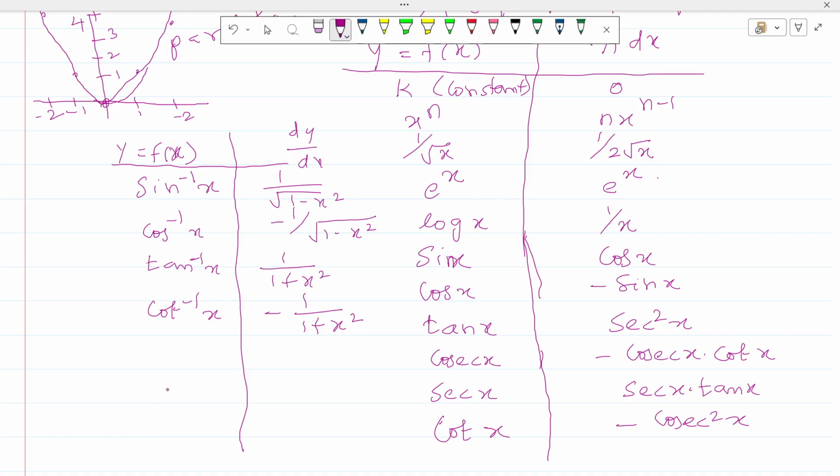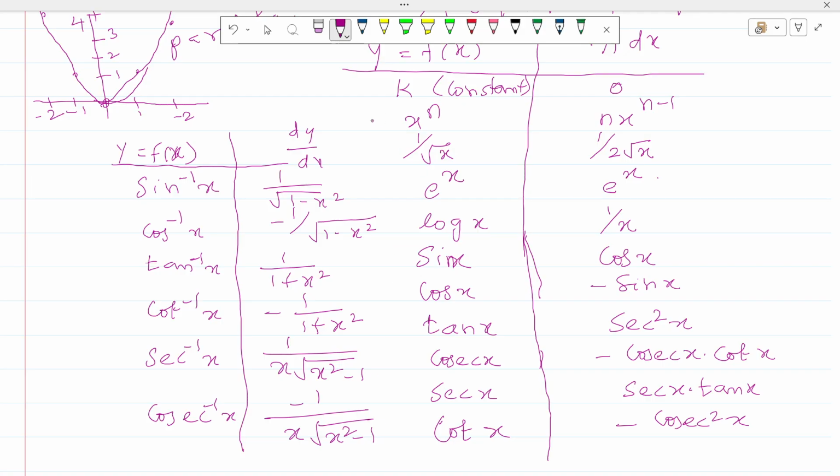then secant inverse of x gives 1 by x into root of x square minus 1, cosecant inverse of x gives minus 1 by x into root of x square minus 1.